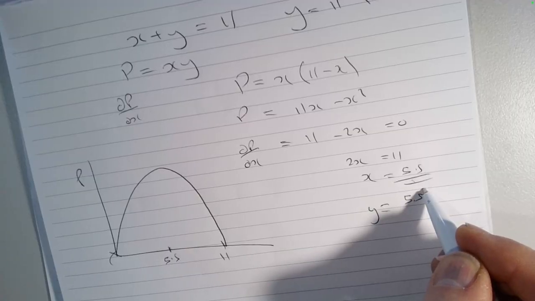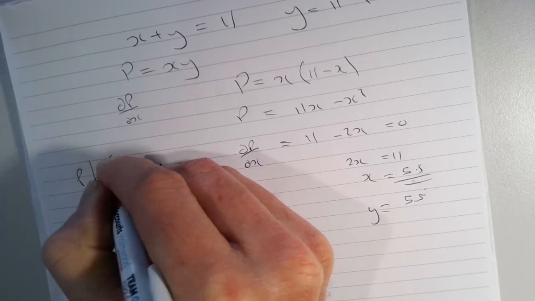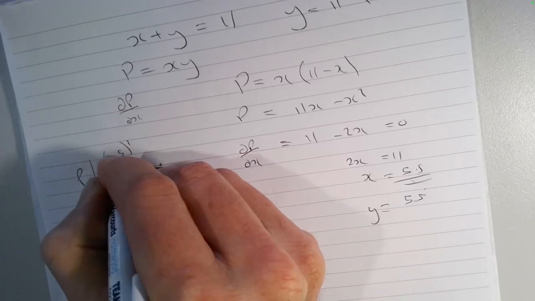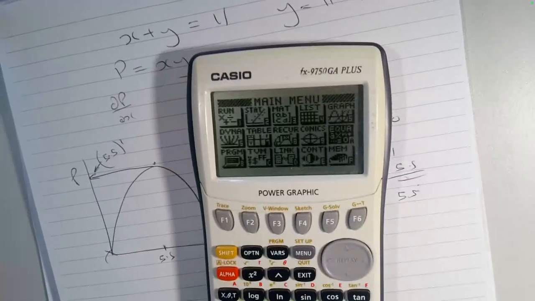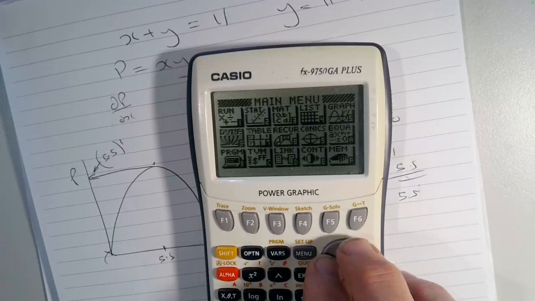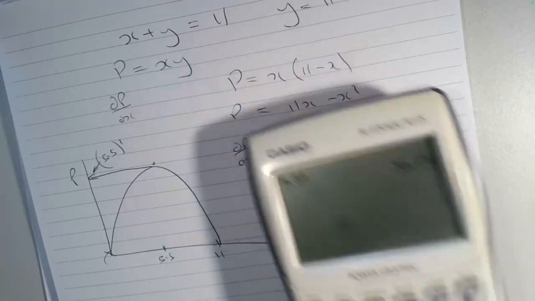That times that, 5.5 squared, is going to be your maximum product. And I can't be bothered, so put it on the calculator. 5.5 squared. The answer was 30.25.